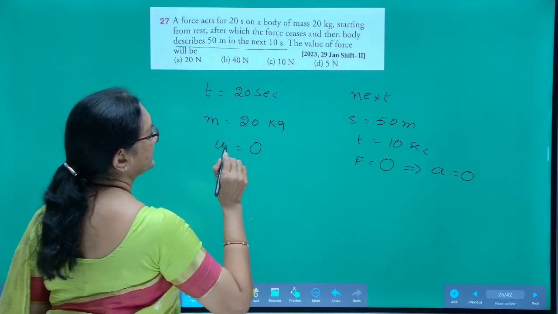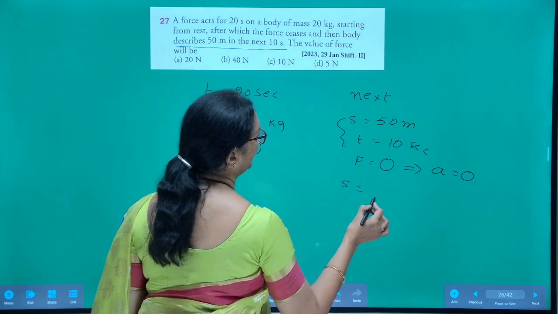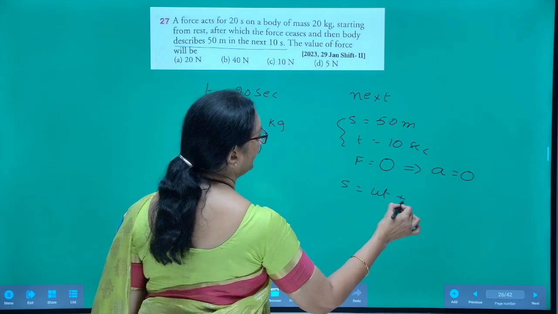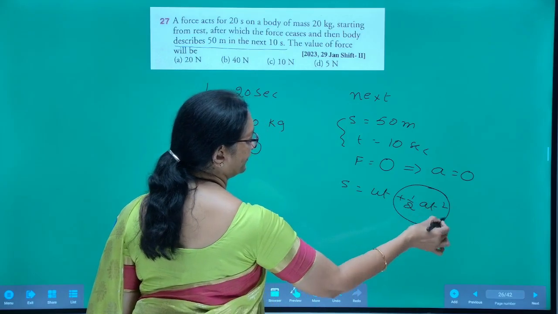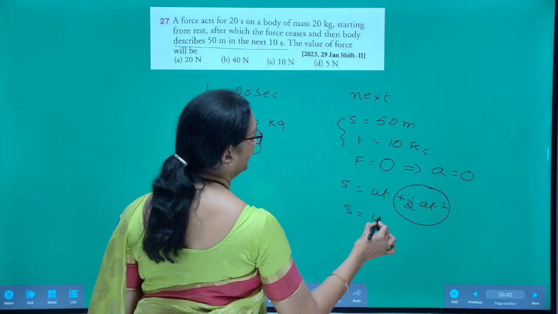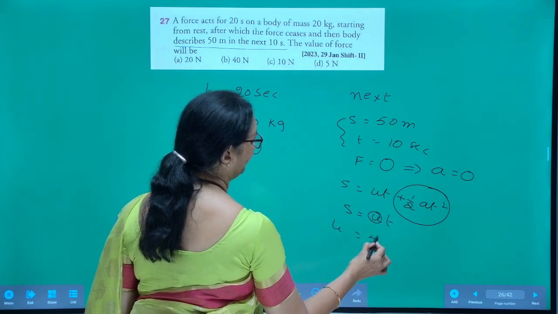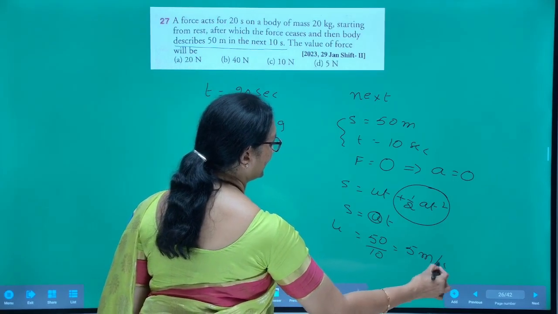So what is the force? Here S is equal to ut plus half at square. So when force is stopped, S is equal to u into t, from which u is equal to 50 by 10, it is 5 meter per second.